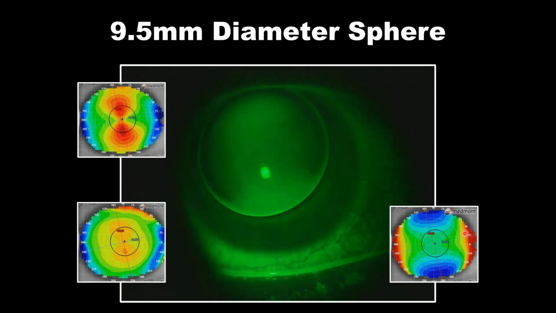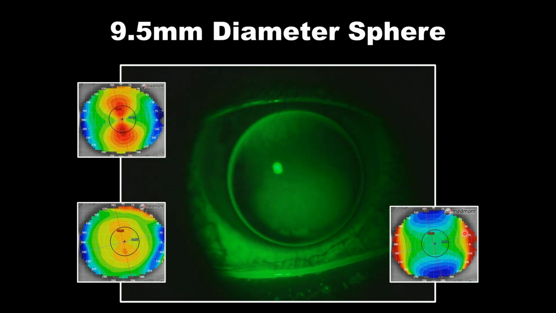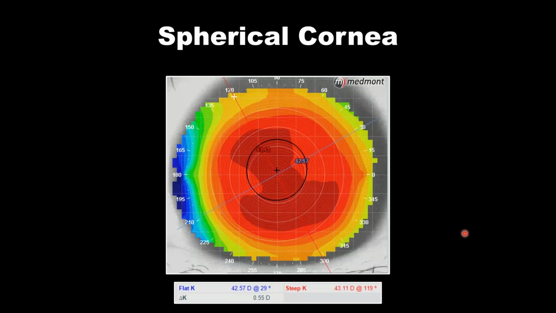So let's have a conversation about sagittal depth. Let's have a conversation about elevation and how we might approach eyes related to height. So here is about the simplest cornea that any of us are about to see. An absolutely normal symmetric eye shape.